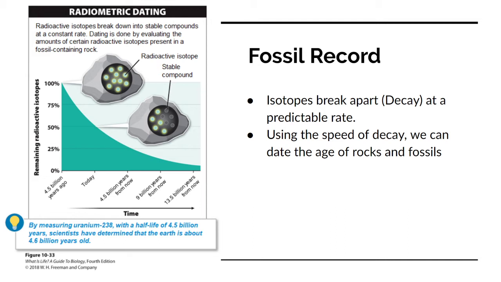So we can detect the frequency of these isotopes, atoms with different numbers of neutrons, because they decay at a very predictable rate. Based on the rate of their decay, we can predict the age of a given fossil or a given sediment layer. These fossils will generally gather up in a layer that we unearth, so we can date a lot of that because of the rate of decay of these atoms.